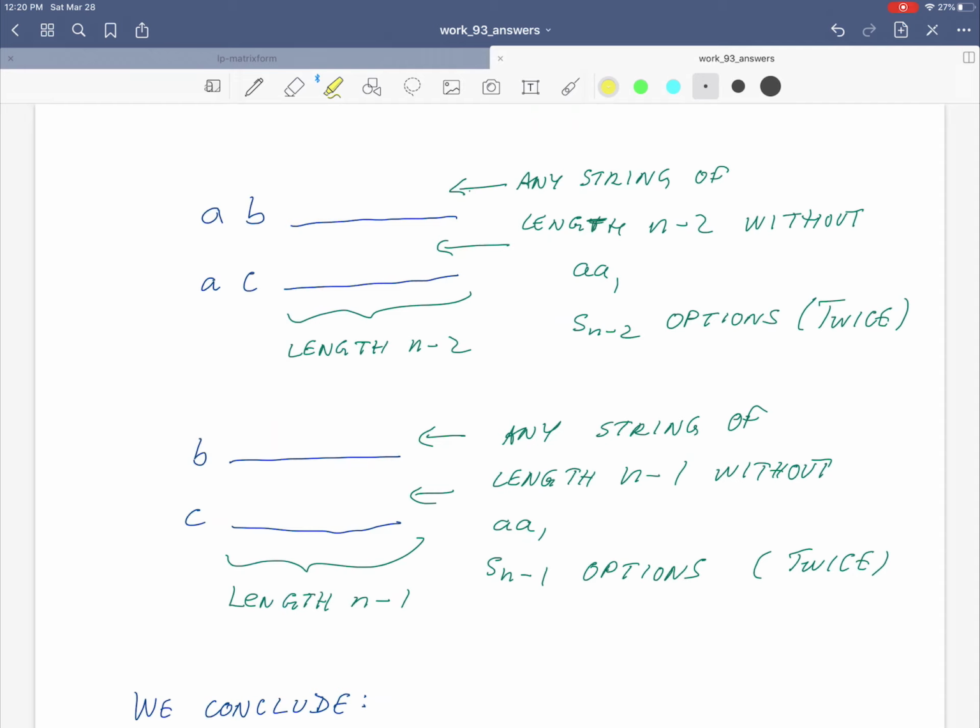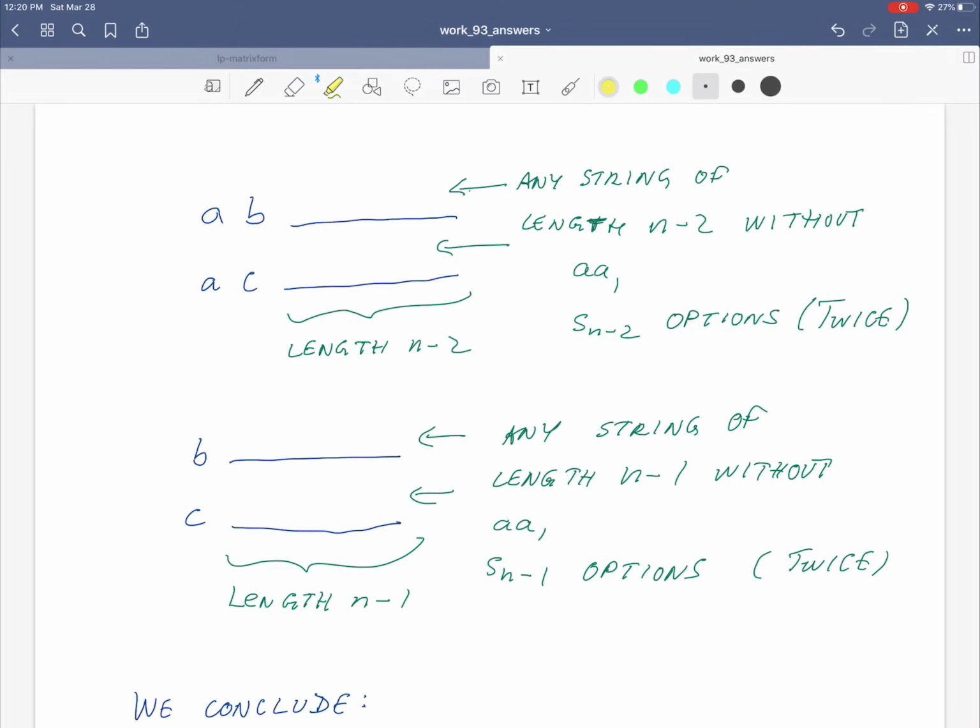If the starting letter is A, then we need to follow by B or C, and then we are left with filling up n-2 letters, because 2 are already filled up, either AB or AC. And on the n-2 positions we can put any string of length n-2 which has no repeating AA, and there are S sub n-2 such options in both cases.